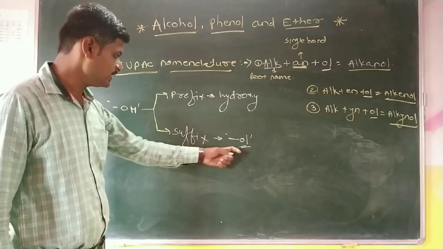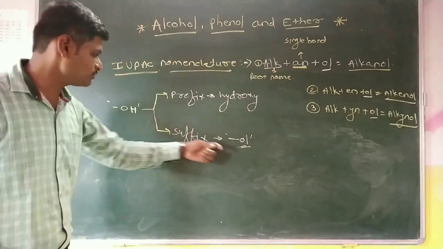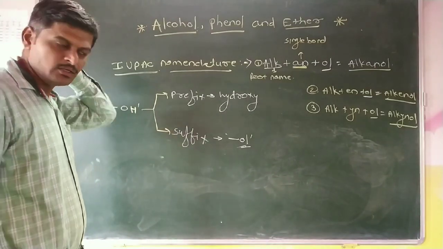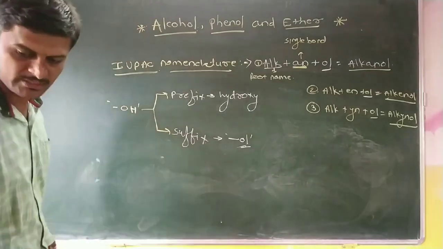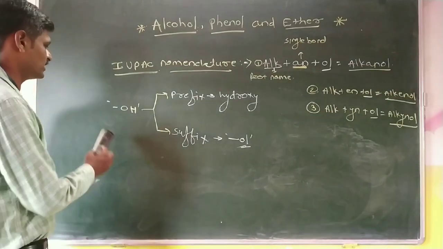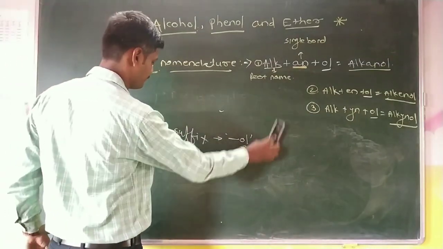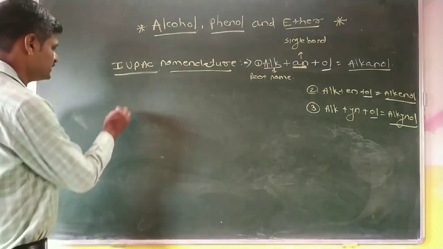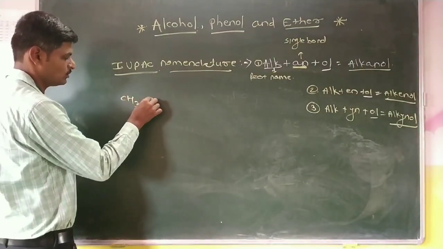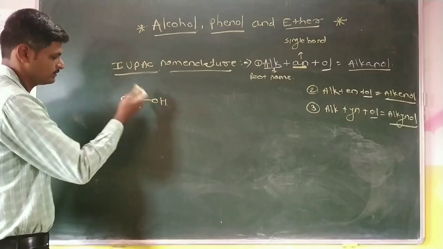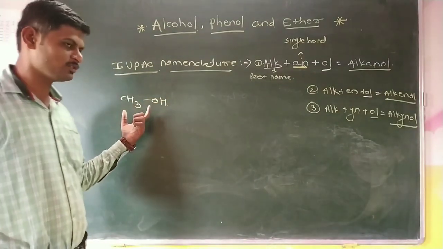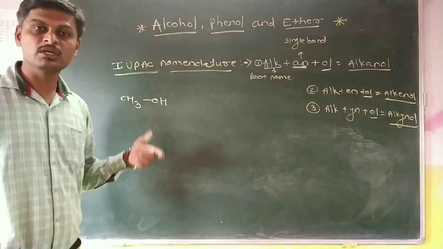This ol indicates the suffix of hydroxy group, suffix of the alcohol functional group. Then we can take the first example of IUPAC nomenclature of alcohol. The first example is CH3OH. We know very well the common name of this molecule. The common name of this molecule is methyl alcohol.